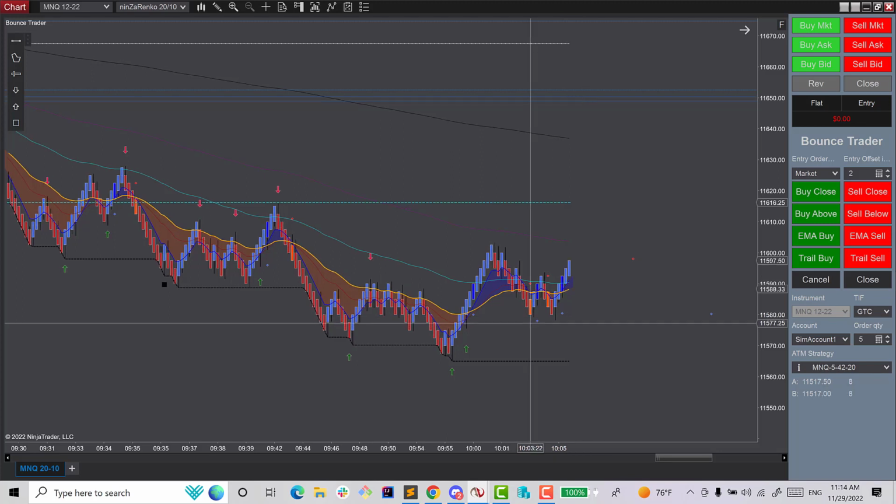I would take this 34R trade, because I would use a buy above, and this would be a valid trade, because if this closes bullish, it means it's making higher highs, and that would be a 34R trade too.